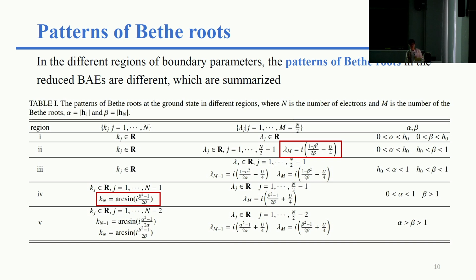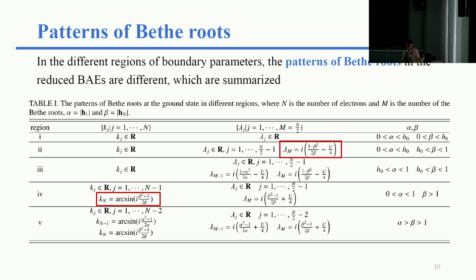We choose some special boundary conditions, and we give this table, and then we prove that although the table comes from the special boundary conditions, the distribution of the particular Bethe roots is also right for all the boundary conditions.